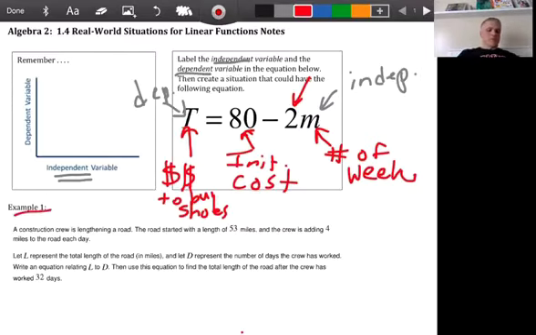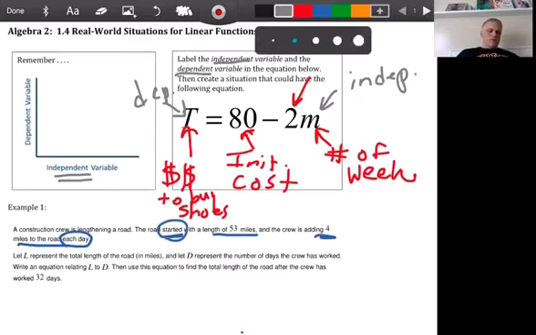Okay, speaking of example, let's look at example 1 here. It says a construction crew is lengthening a road. The road started with a length of 53 miles. Okay, and then it's adding 4 miles each day.